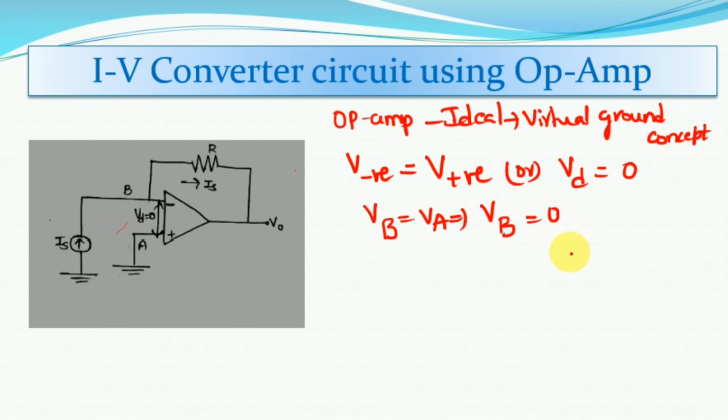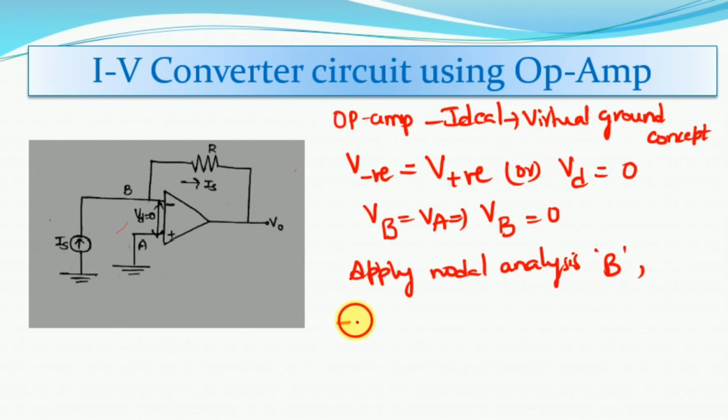Now simply apply nodal analysis at node B. We get the entering current IS plus (VB minus V0) by R is equal to 0.